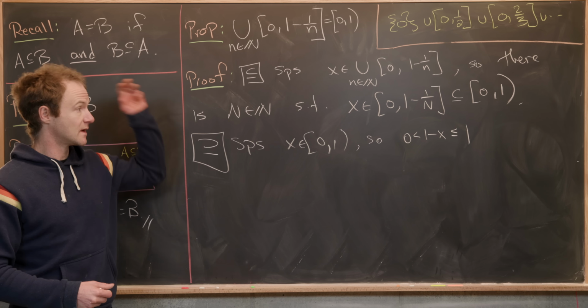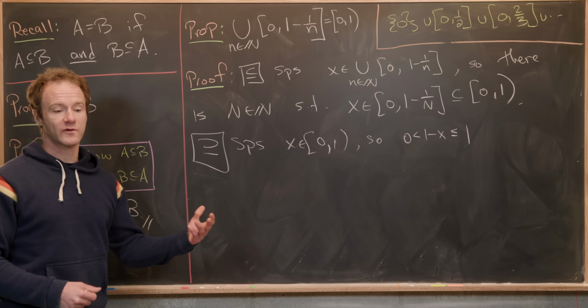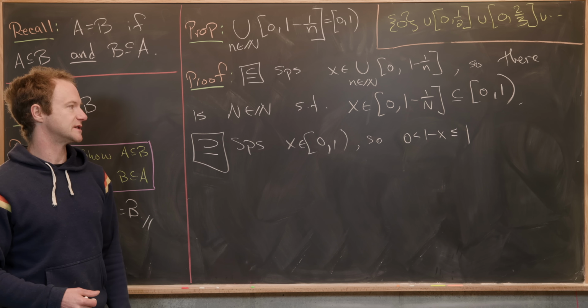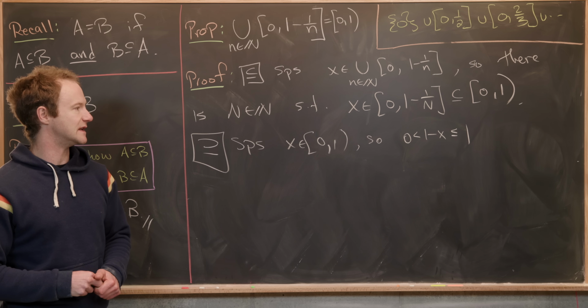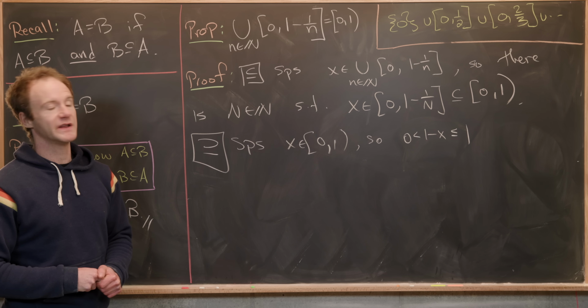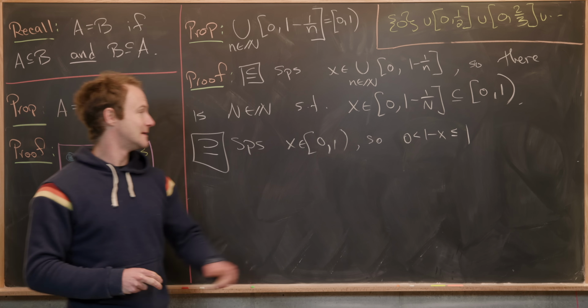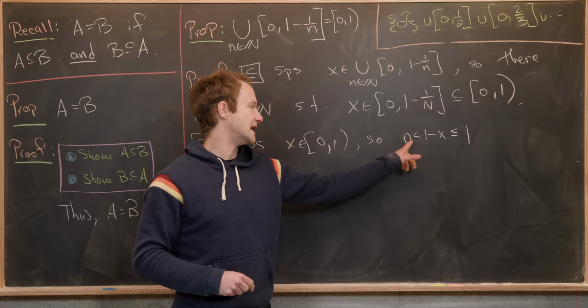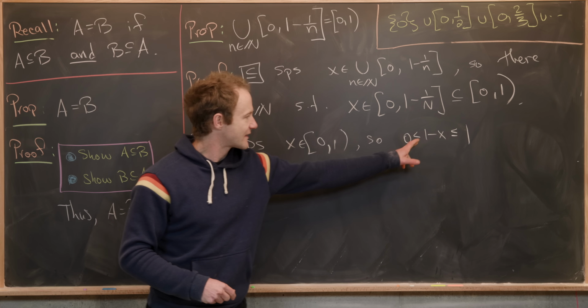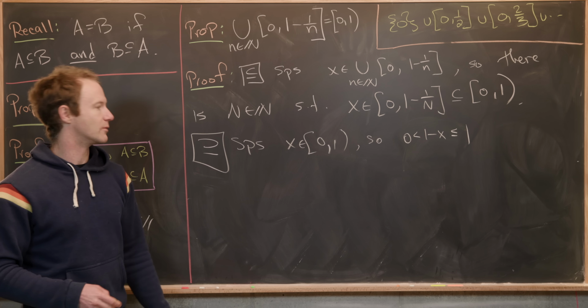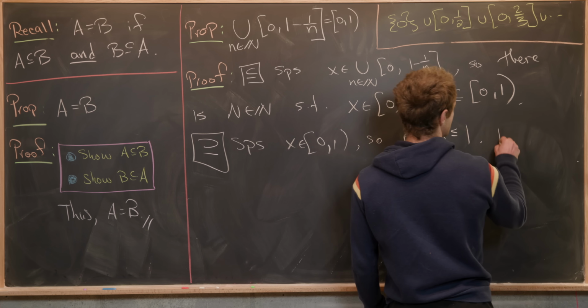Okay, good. But we know that 1 over n can be made as small as we want. And that's a consequence of the Archimedean principle. So what we want to do is find an n that fits 1 over n in between 0 and 1 minus x. And the fact that we have a strict inequality is really important here. So let's maybe write that like this.